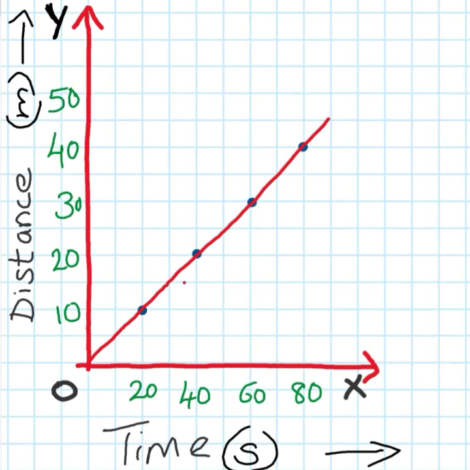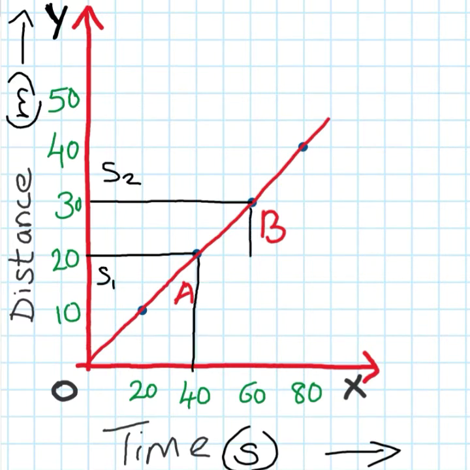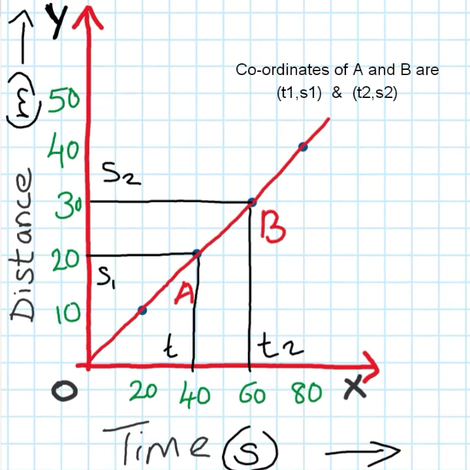We can use the distance time graph to determine the speed of an object. To do so, consider a small part AB of the distance time graph. From A and B, draw perpendiculars on x-axis and y-axis. Let coordinates of A and B be (T1, S1) and (T2, S2) respectively.